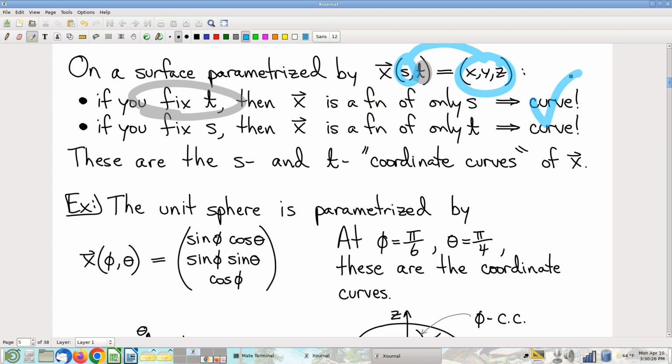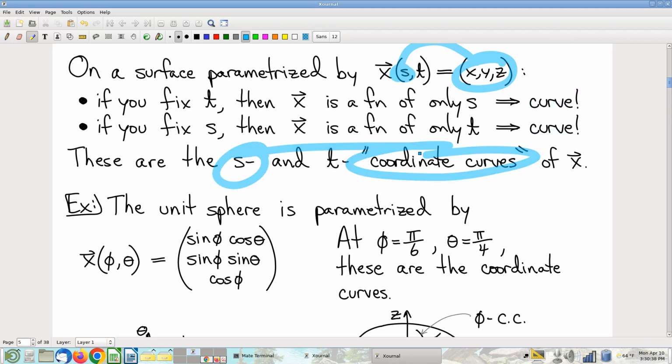That's a curve. Right? In particular, when position is a function of just s, we call this the s coordinate curve of that parameterization. And then likewise, analogously, the t coordinate curve.